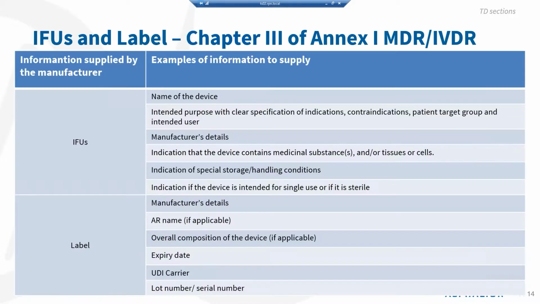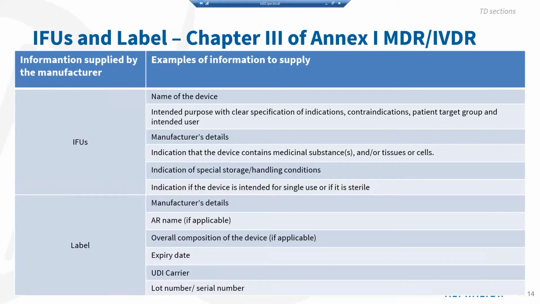So here we've got some examples of the information that should be supplied. I should make a disclaimer here: this is not a comprehensive list of all you have to include. These are just examples. In the instructions for use, the name of the device should be included, and the intended purpose with a clear specification of indications, contraindications, patient target group and intended user.